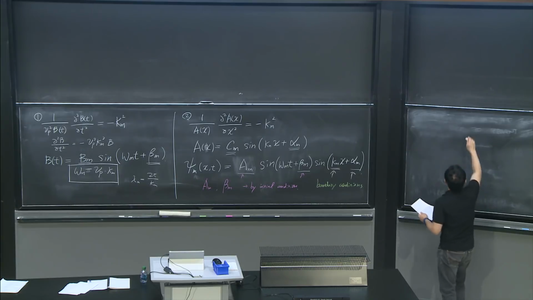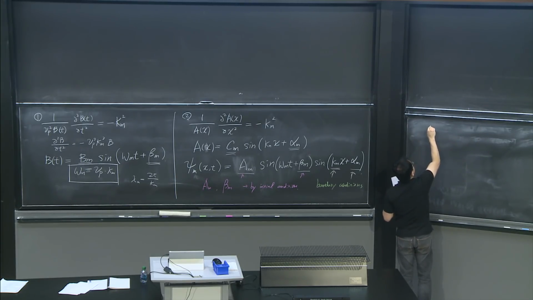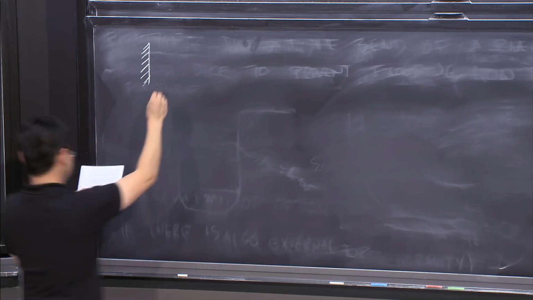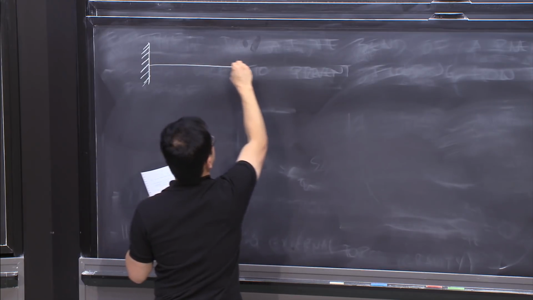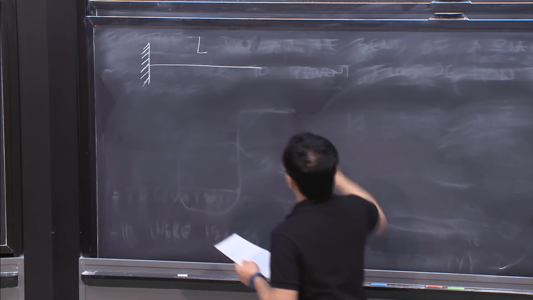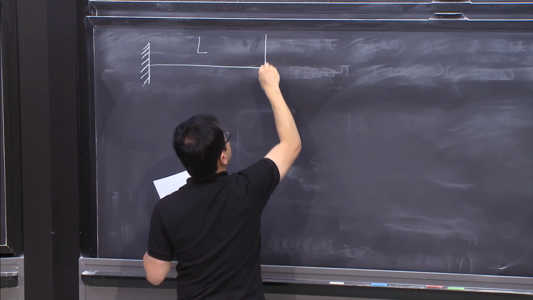So suppose we are interested in this system. I have a wall on the left-hand side, and I have a string with length L, connected to a massless ring.